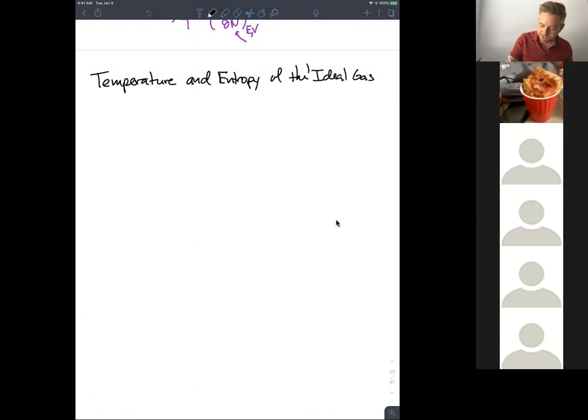Let's not constrain ourselves, shall we? So temperature and entropy of the ideal gas.